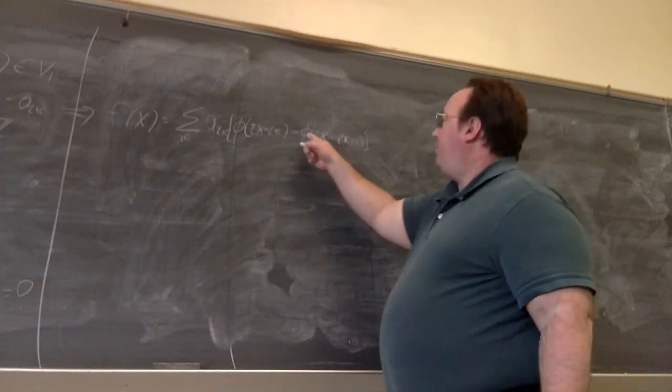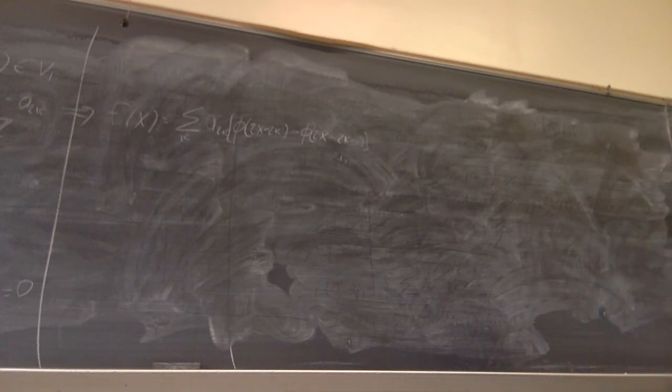Because this phi would normally be multiplied by a2k plus 1, but that's equal to minus a2k.